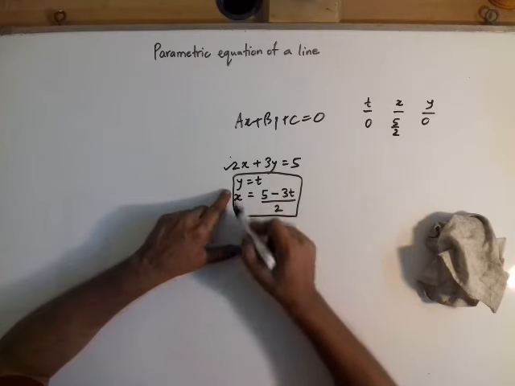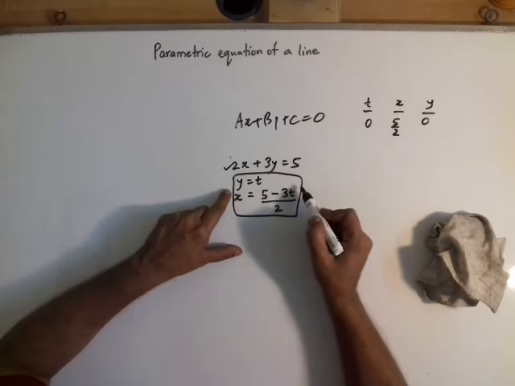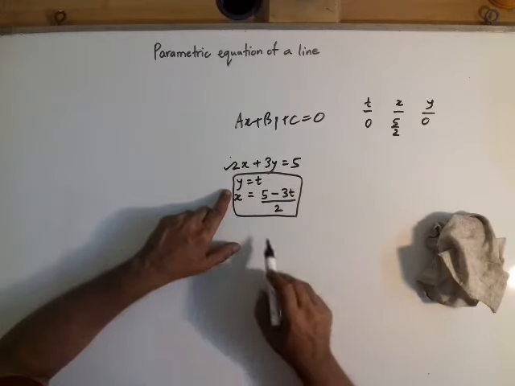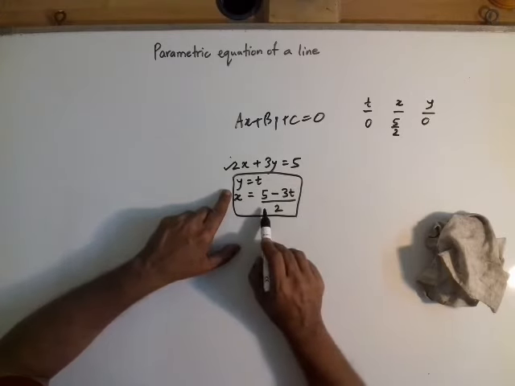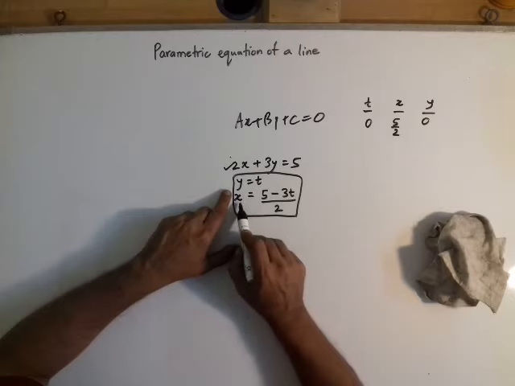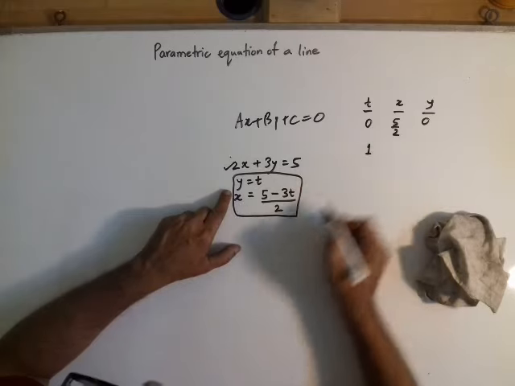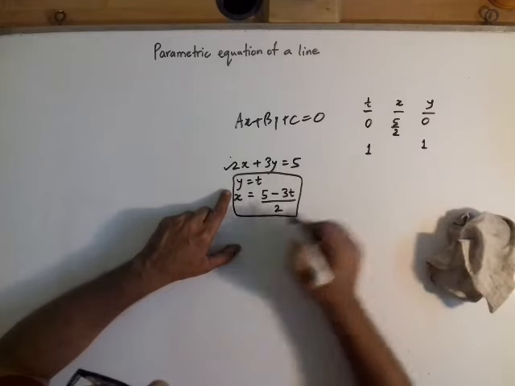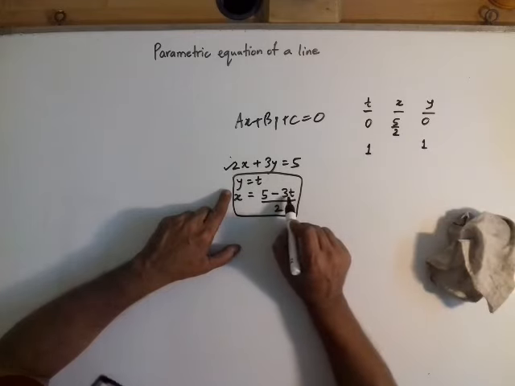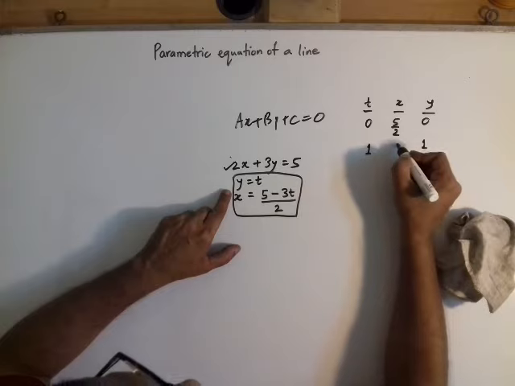Let's take another point. What I like about this form of equation of a straight line, and you have to take my word for it that this is the equation of the line, is that this is some kind of a machine to generate points on the line. So I take t is equal to 1, and y is equal to 1 and x is equal to (5 minus 3) upon 2, which is 1.